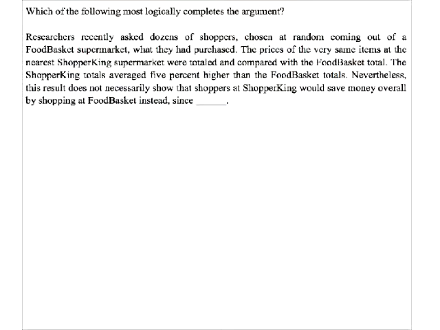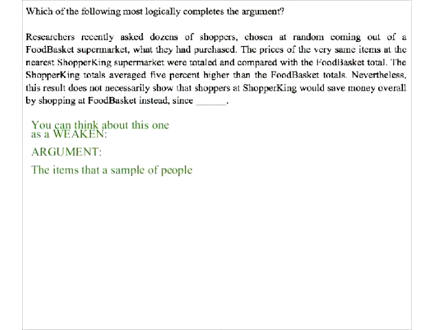You can think about this one as a weaken, where the argument is: the items that a sample of people bought at Food Basket were more expensive at Shopper King.